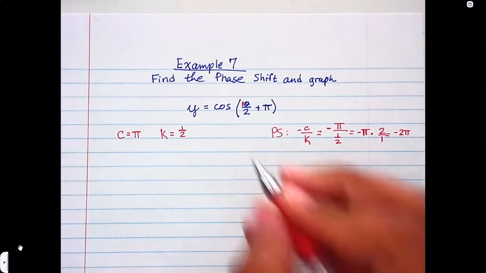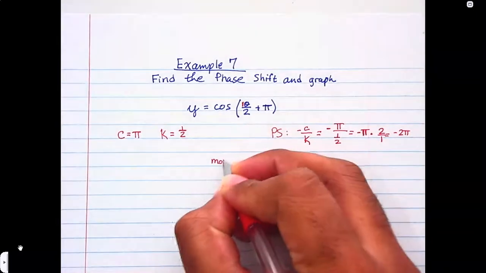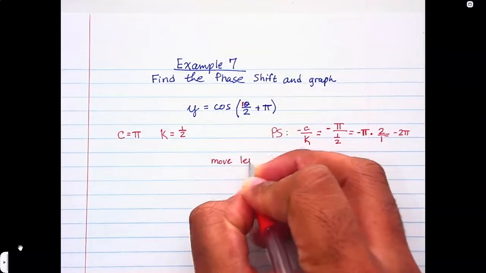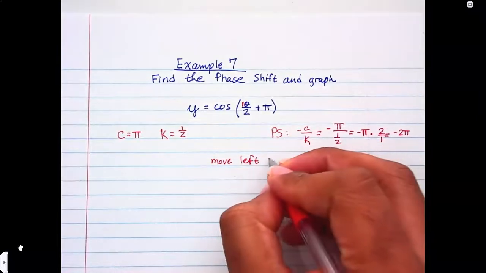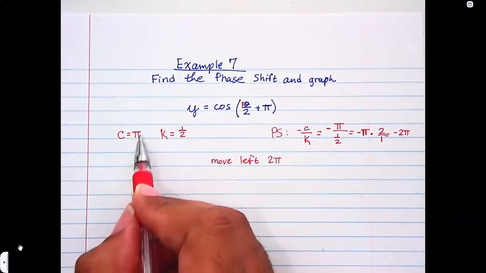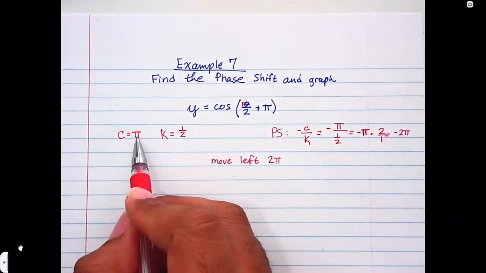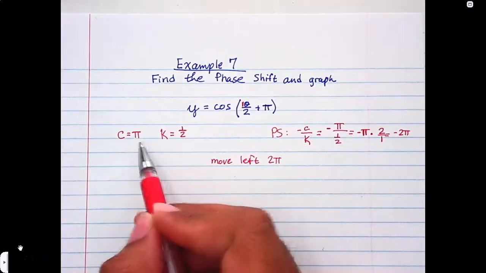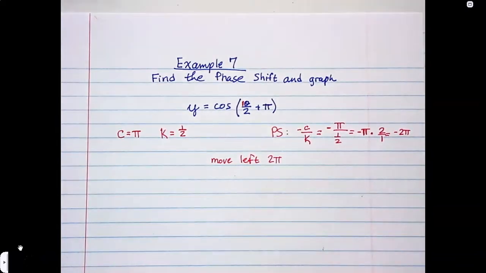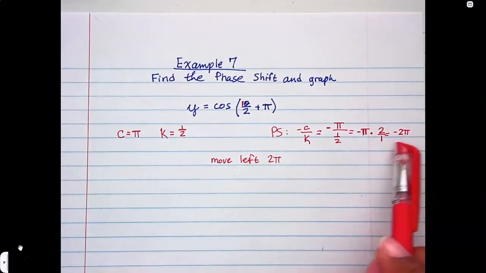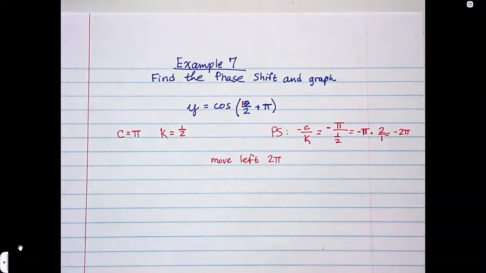So that means that our graph is going to move left 2 pi. Again, remember that C right here goes opposite of what you think, so it's positive, so that means it goes to the left, and then that tells you how far to go. Or you can just look at the number here, it's negative 2 pi, this negative goes to the left, and then we go over 2 pi. All right, so with that, we got that part, we're good.